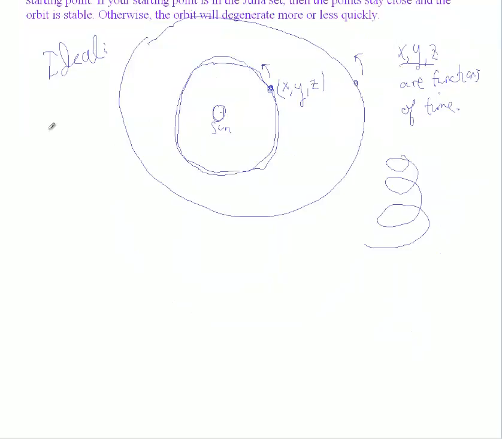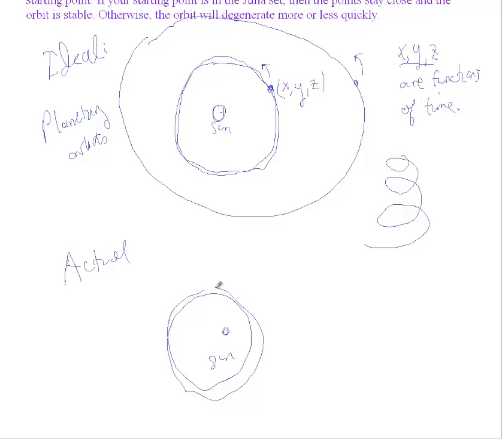Now, those are ideal planetary orbits, but the actual is somewhat different. If I take the sun here, and I take a planet moving around it, it doesn't quite close on itself. It moves around, and there's kind of a perturbation, something like this. Every time it comes back, it doesn't come back exactly in the same place.